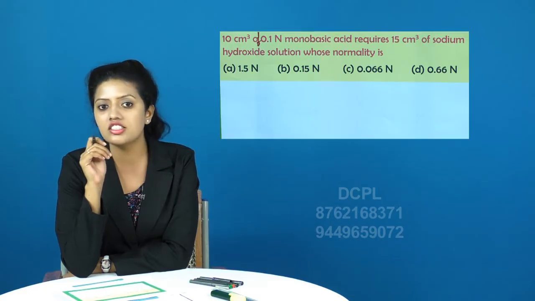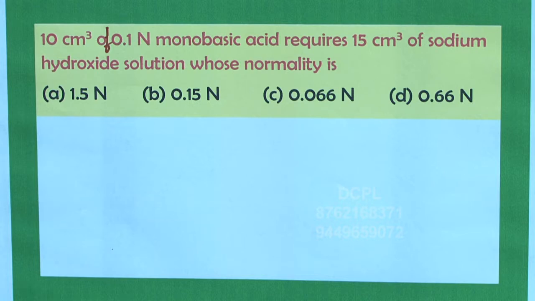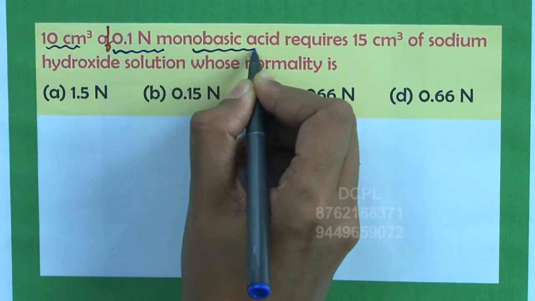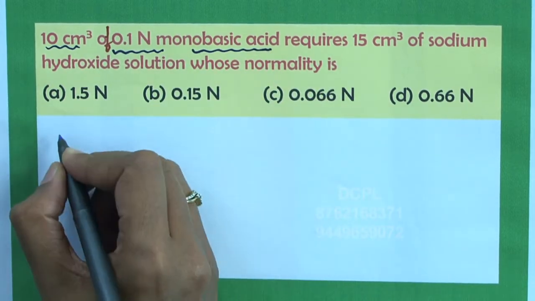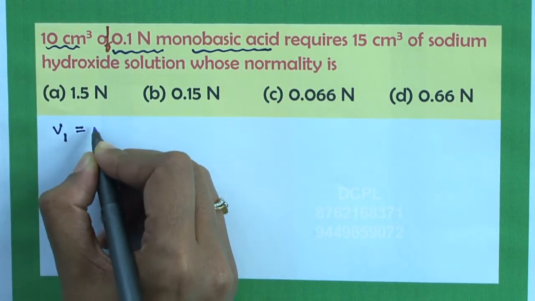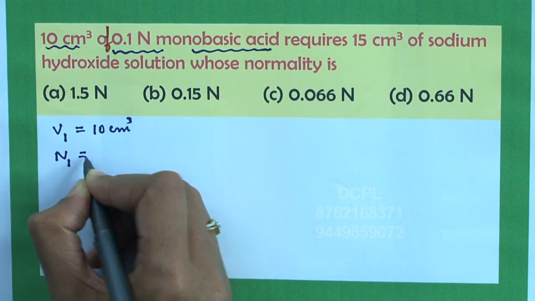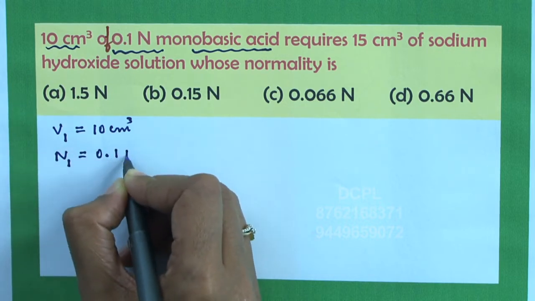Now let us consider the information from the question. 10 cm cube of 0.1 normal monobasic acid is taken. So the initial volume of monobasic acid is 10 cm cube and the normality is N1, which is given as 0.1 normal.